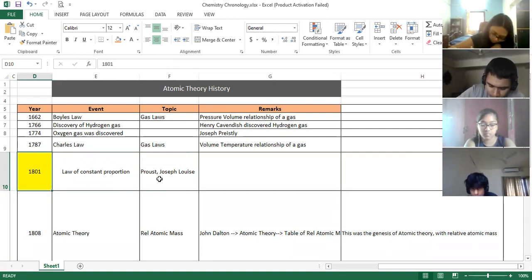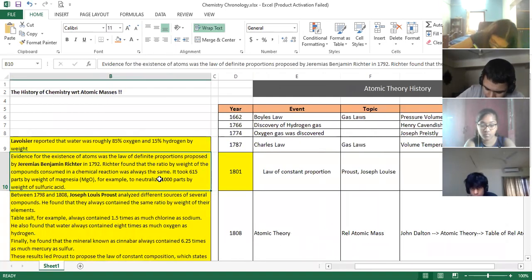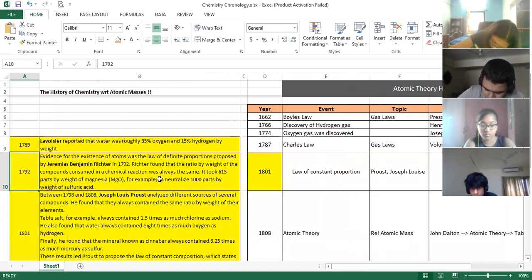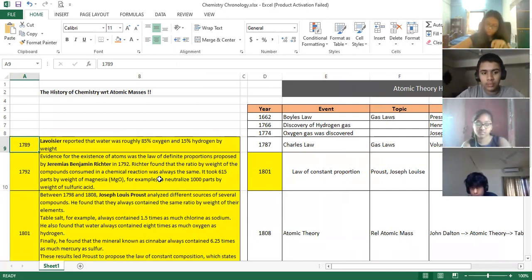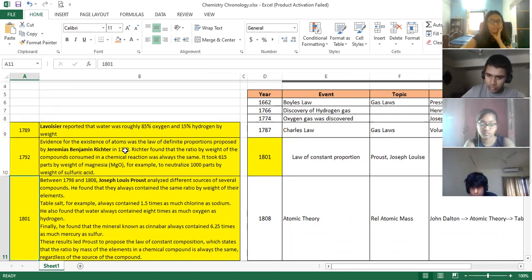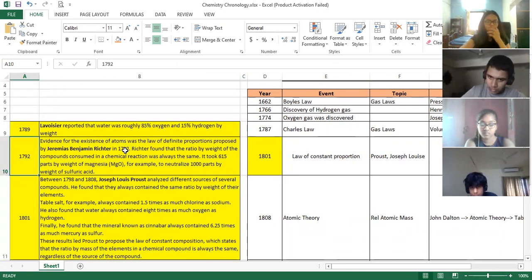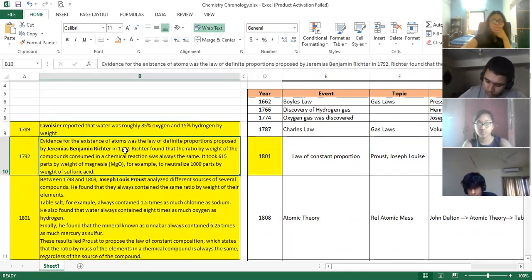All right. So this 1801, which I have marked in yellow, has certain other events listed along with it. I will quickly take you through this. I want you to focus on that. The culmination of these events in 1789, 1792, and 1801 together led to the discovery of this law of constant proportion. So we should pay attention to that.